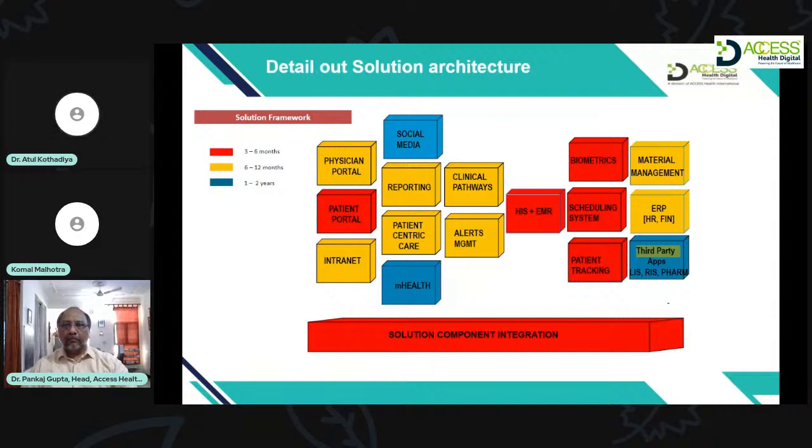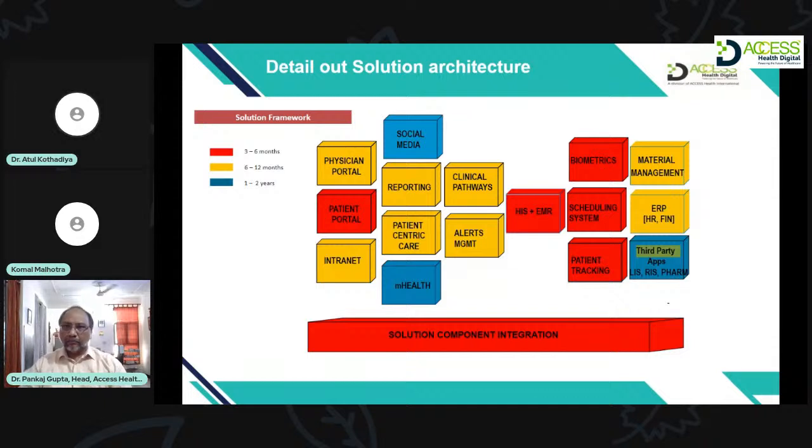So depending on the effort or duration required by the vendor, the solution will be divided into different modules in different colors. For example, all red modules can be deployed in 3 to 6 months, yellow highlighted modules will be 6 to 12 months, and blue will be 1 to 2 years. Depending on the time taken by the vendor and also the priority given by the hospital, all these timelines can be decided and mutually agreed by both parties.